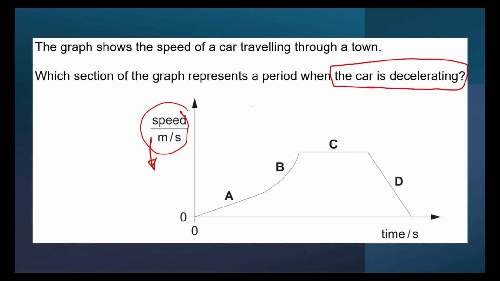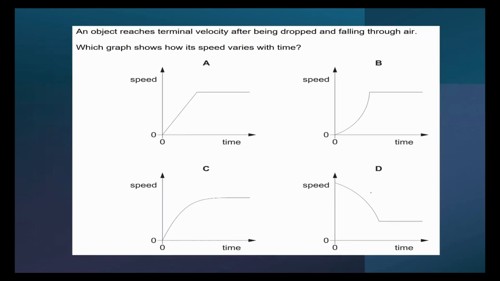So the line which is going down means it's decelerating. Good. What about this question? It reaches terminal velocity. This means its speed here is constant.